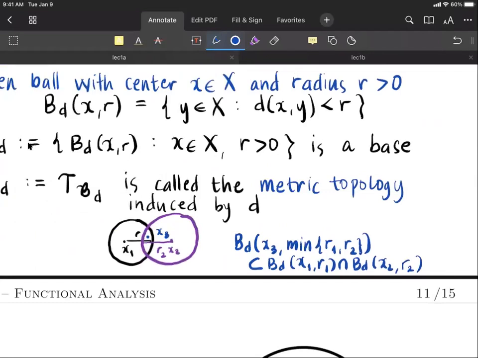Well, you can verify this inclusion by applying the triangle inequality. And the details are left for you to check.